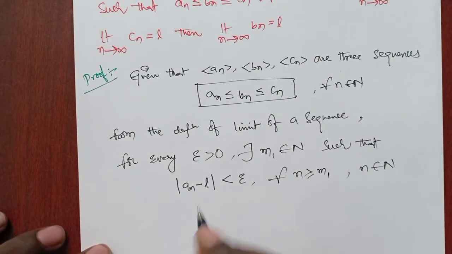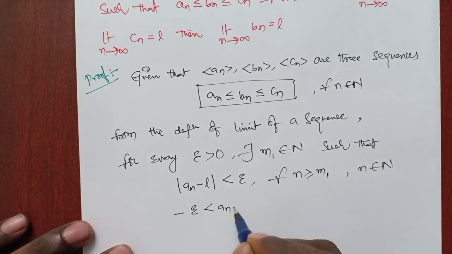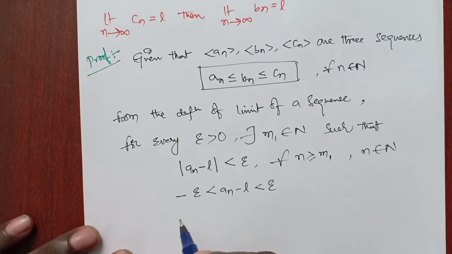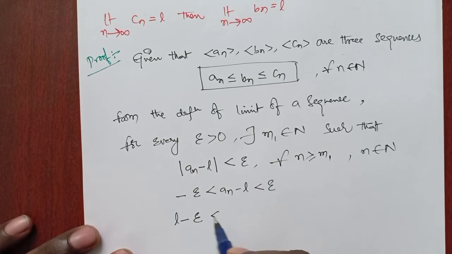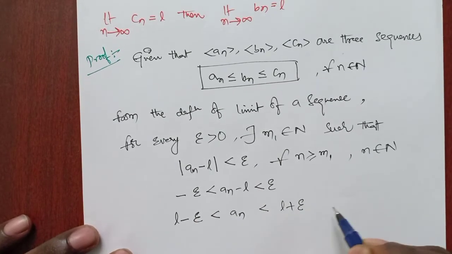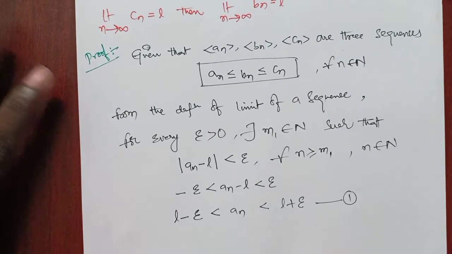If we expand this, we get minus epsilon less than an minus l less than epsilon, and finally adding l to the inequality, we get l minus epsilon less than an less than l plus epsilon. So this is condition number 1.